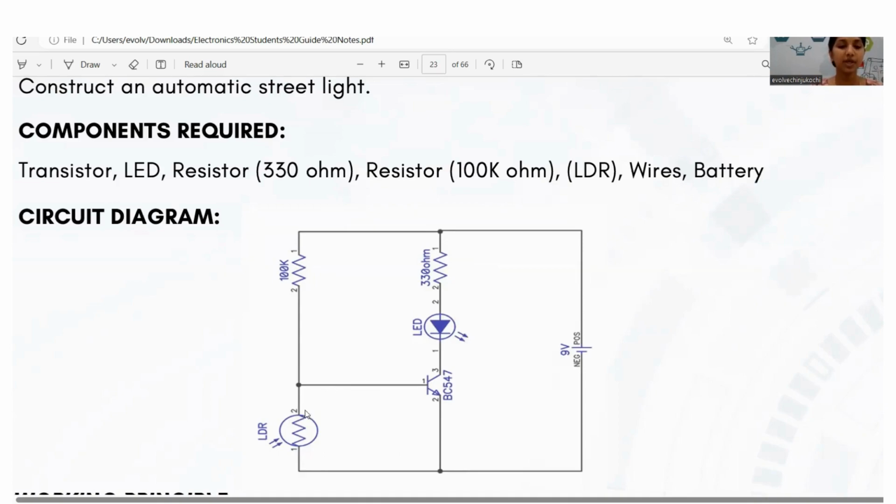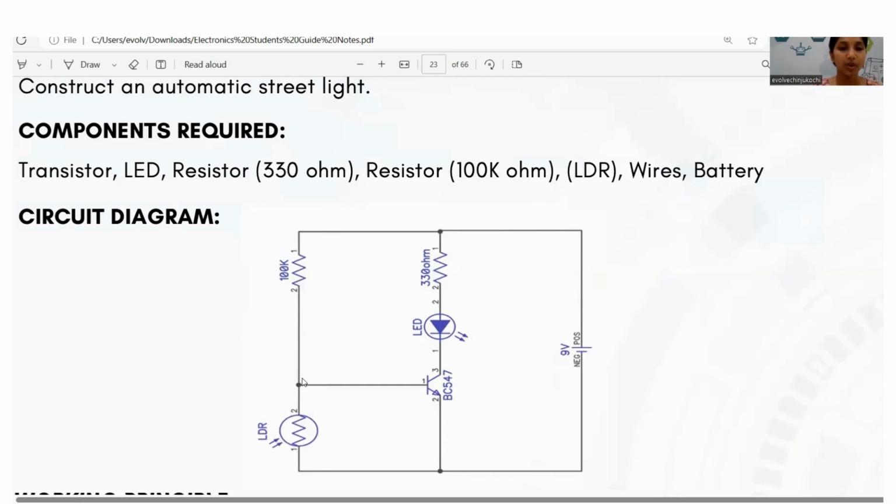Okay, at night time, here we have no light and high resistance, which means from the 9-volt battery we have a current flow in this way, and at that time the LDR has high resistance and there is no current flow through the LDR.